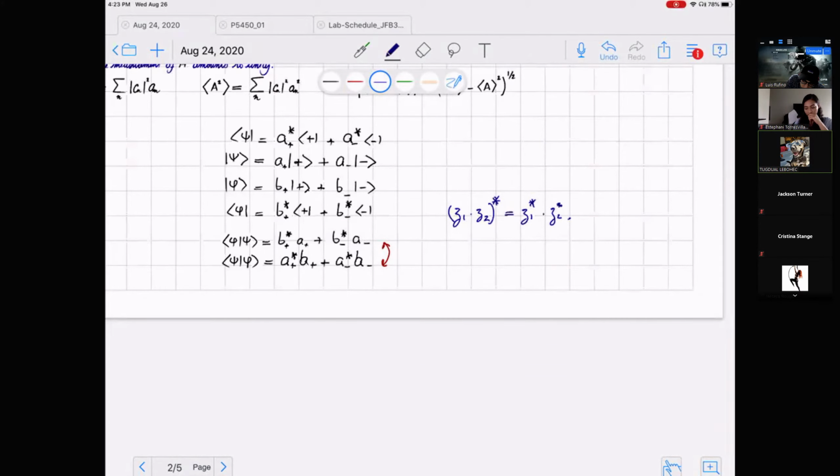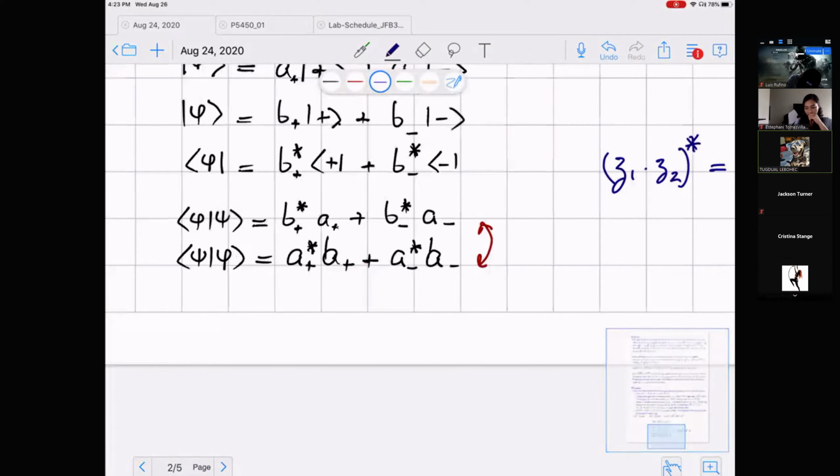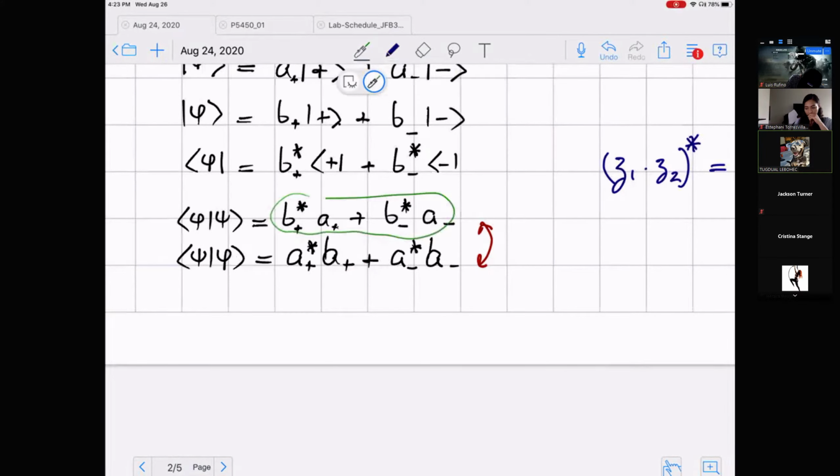Is that answering your question? So if I take the complex conjugate of this, I obtain that, which means that this is the complex conjugate of that, and that is the complex conjugate of this.